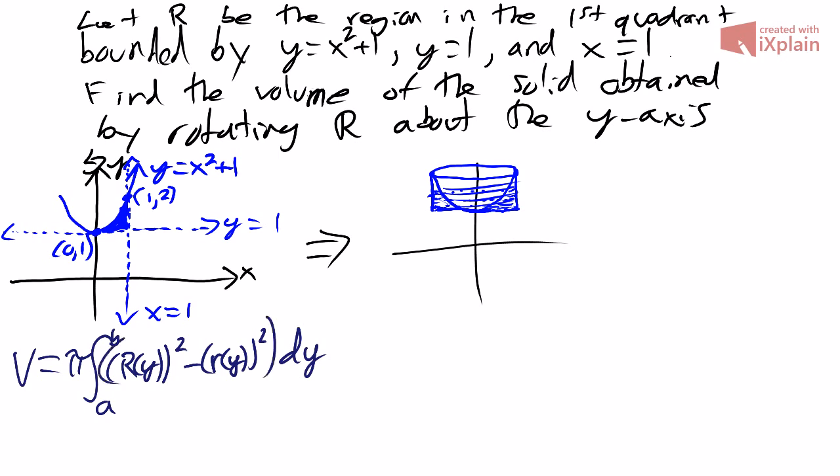You might see other parentheses around that. So we're going to need to figure out what our two radii are and what our bounds are.